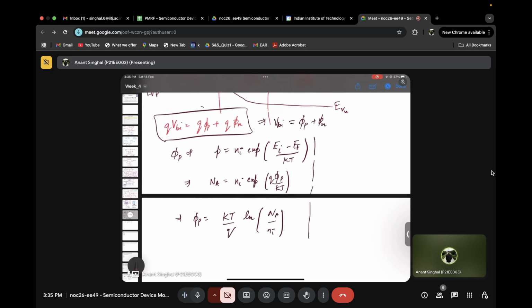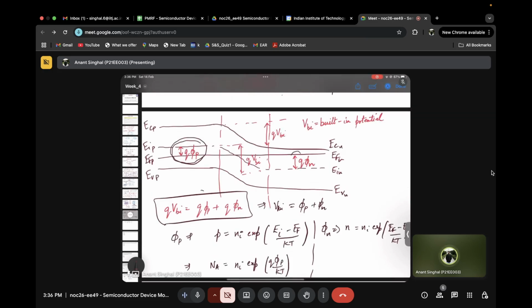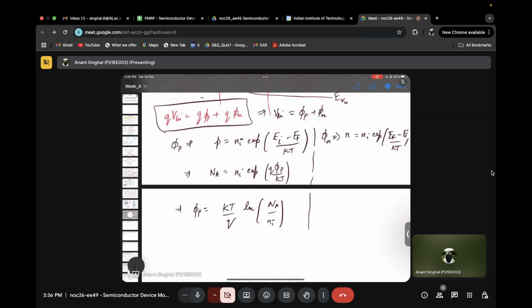Similarly, we can write phi N also. How can we find it? n is ni exponential of (EF minus EI) over kT. And you can clearly see EF minus EI in the N side is nothing but q phi N. So I can write this as ND, because n is ND here, equals ni exponential of q phi N over kT. And this will give me phi N as kT by q ln ND over ni. Is there any doubt in this? Anyone? So now, how do we get VBI?